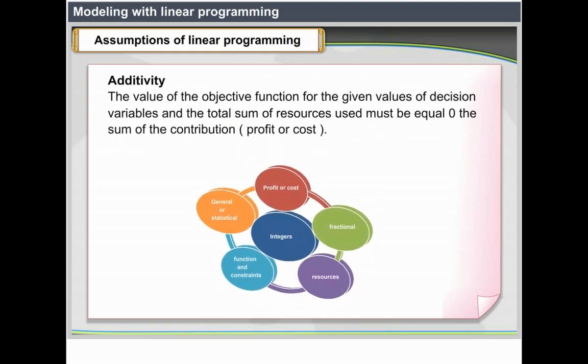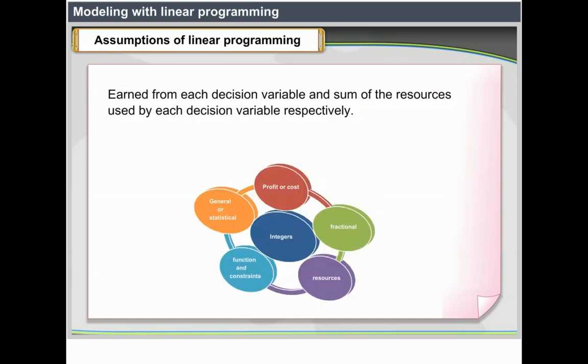Additivity. The value of the objective function for the given values of decision variables and the total sum of resources used must be equal to the sum of the contribution, profit or cost earned from each decision variable and the sum of the resources used by each decision variable respectively.